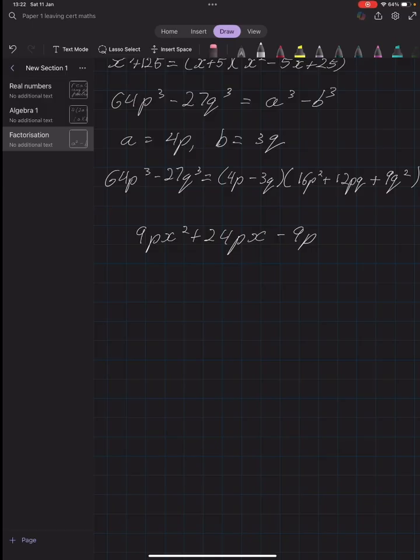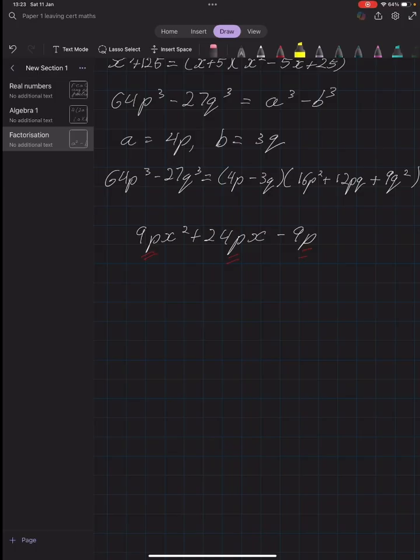Because now what's happening is they're basically throwing things on top of you, and you're having to react and realize what you've been given. There's a p here, there's a p here, there's a p here. So there's p's that are common, all right?